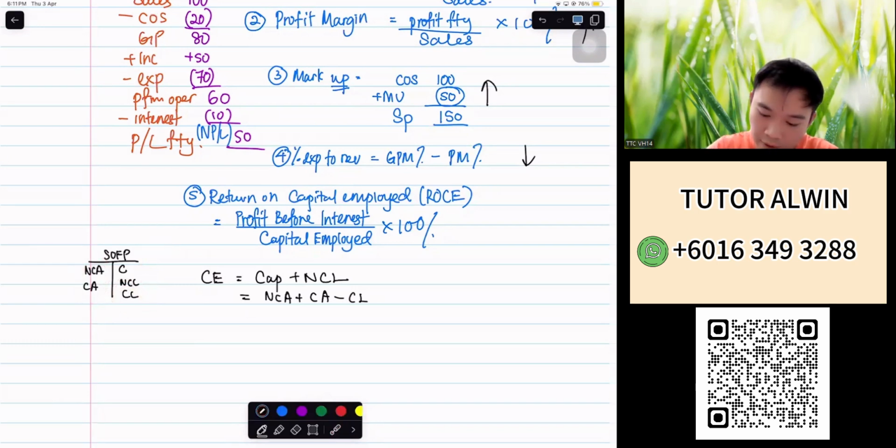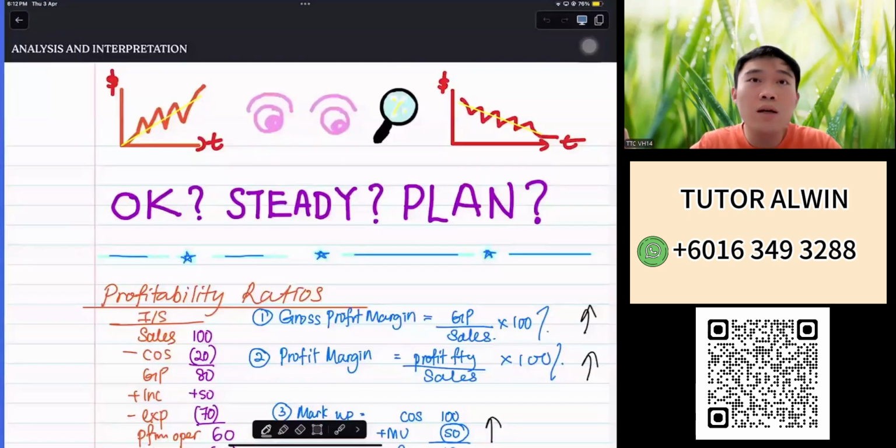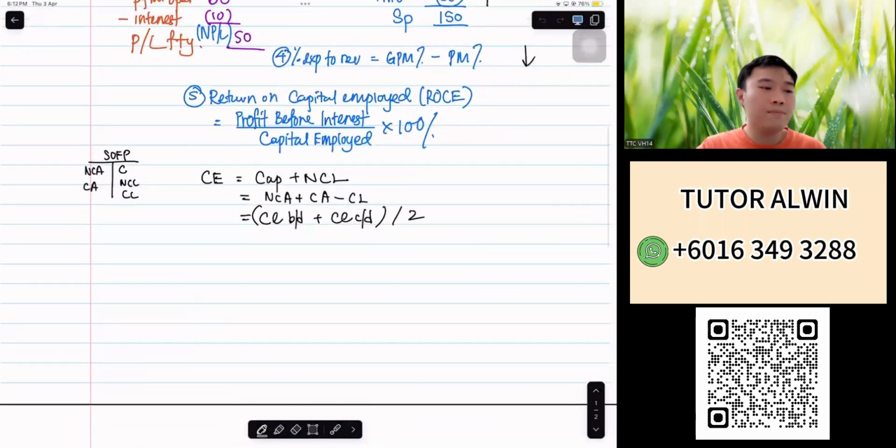And we also sometimes have it given as capital employed in the beginning of the year, brought down, plus capital employed at the end of the year, and then you divide them by 2. All right. Now the screen is a little bit laggy, so allow me to make some adjustments. Okay, it's fine.